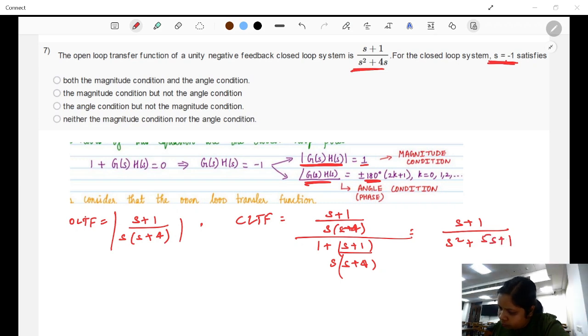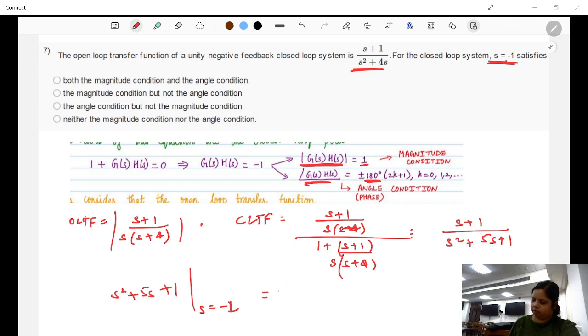Once you get this, try to put s is equal to -1. What do you get? It would be 1, 1 minus 5 plus 1. So it would be -3, which is not equal to 0. So what we wanted is not here. So it does not satisfy the magnitude condition.